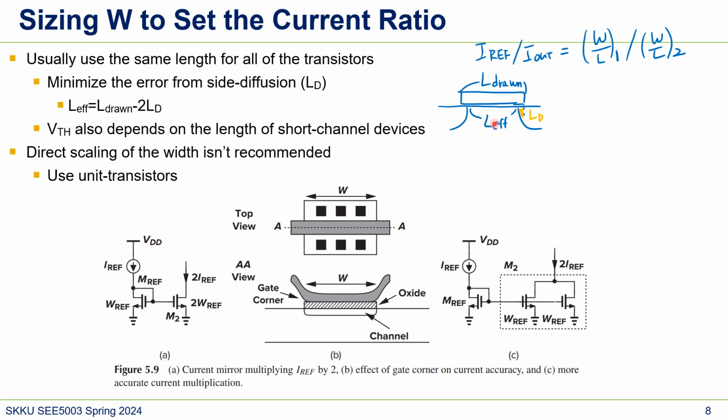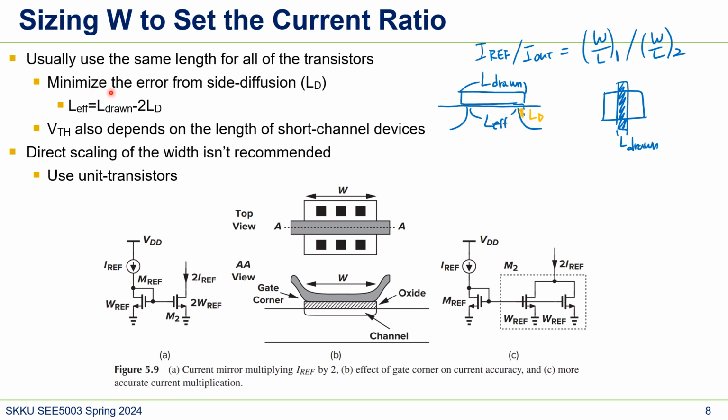So it's hard to predict the exact L effective, because what we can control is L drawn. L drawn means when we do layout, the layout will look like this. So this will be the gate and this will be the L. So we can control this L drawn. Literally we drew the L, so that's why we call it L drawn. We can control this value, but we cannot control L effective because it's really hard to predict.